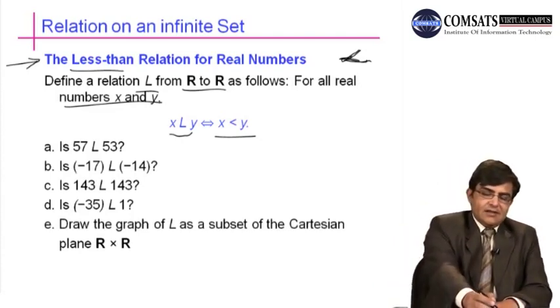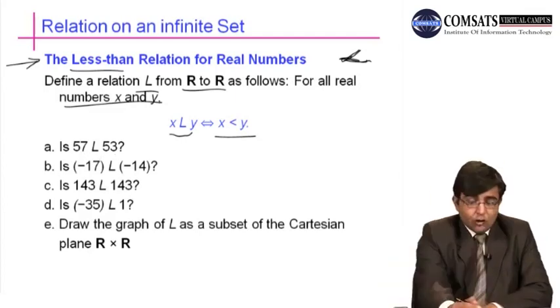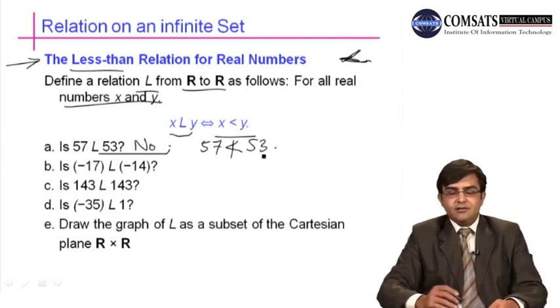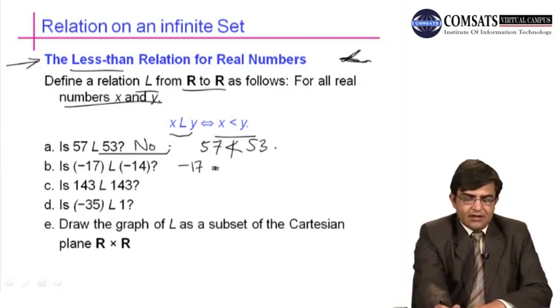For example, is 57 related to 53? No. Why? Because 57 is not less than 53, so 57 is not related to 53. Similarly, minus 17 is less than minus 14.